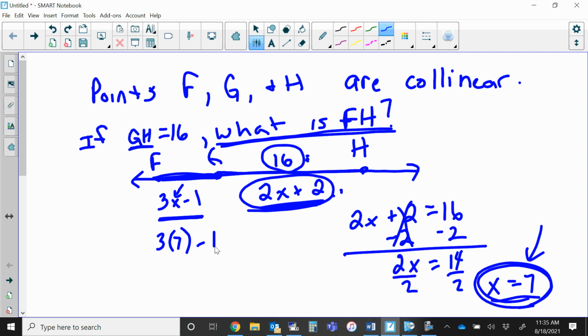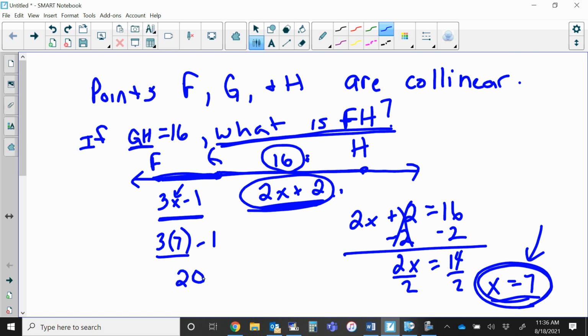But no, because if they finished the problem, they would still add the 16. No, because this would be 20. If it's 21 right here minus 1, and then add 16, that's 36. I understand. But if they did the question right, they would take this 36 that they're doing wrong and add the 16 to it. You follow what I'm saying? So no, it wouldn't be good. I understand what you're saying.